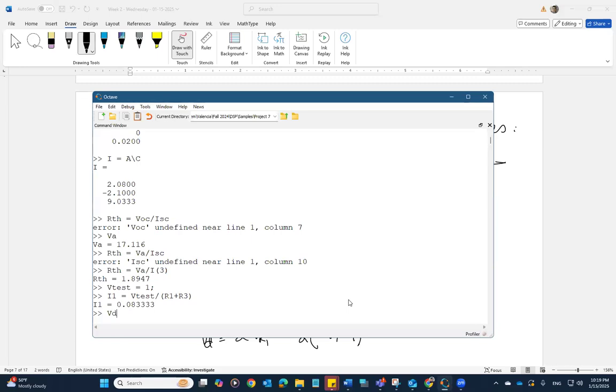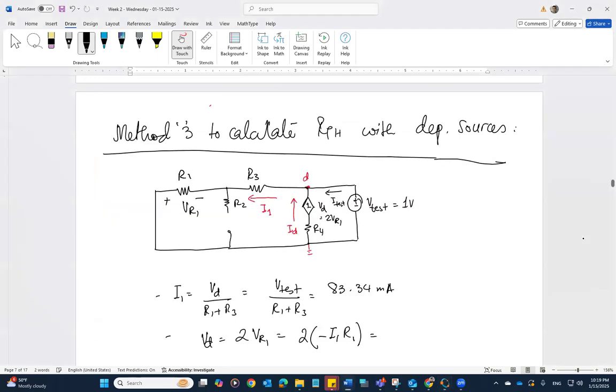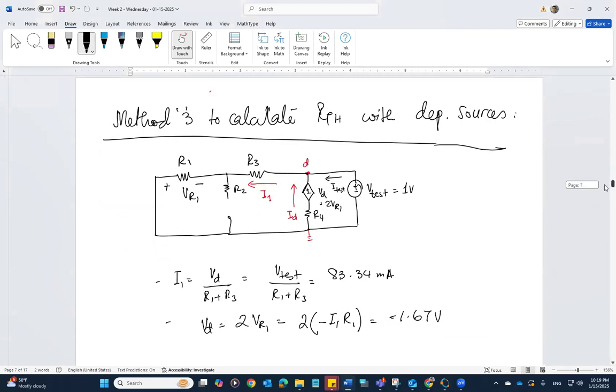VD equals negative 2 times I1 times R1, which is negative 1.667. And now we know VD. It's very easy to figure out what ID is. You can bring it down and take R4 on top, since they're in series.